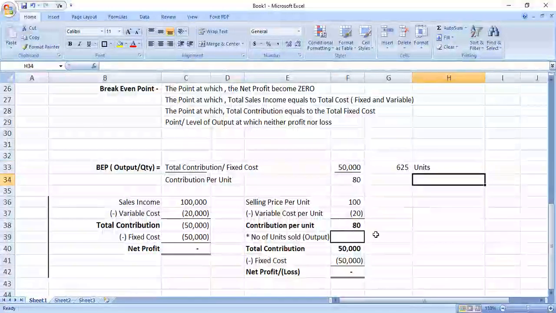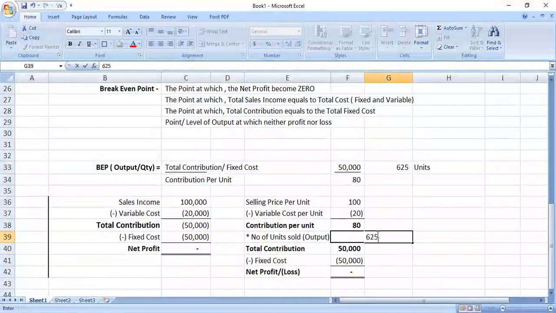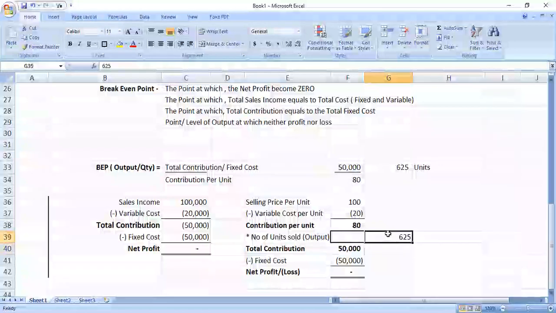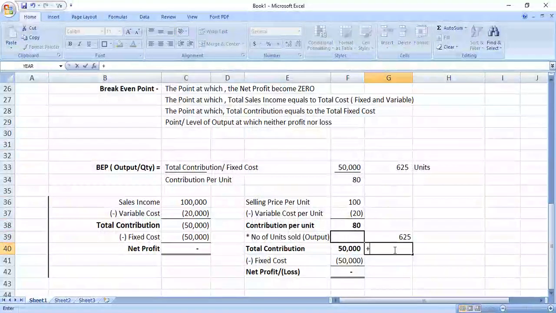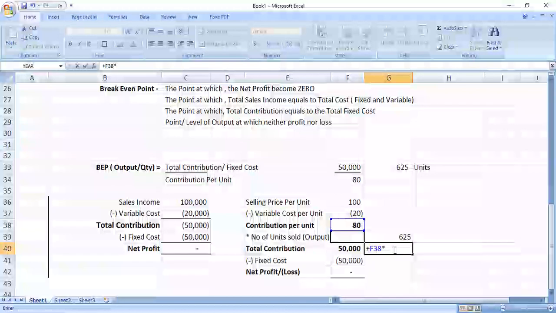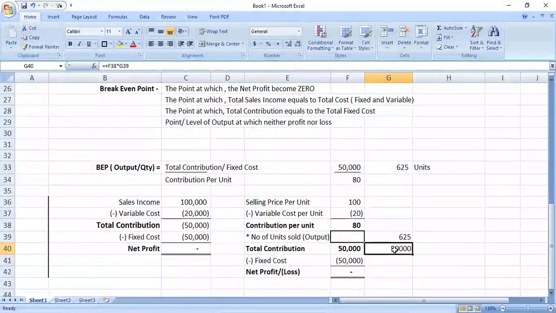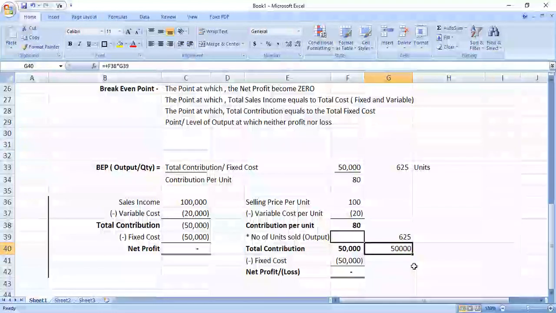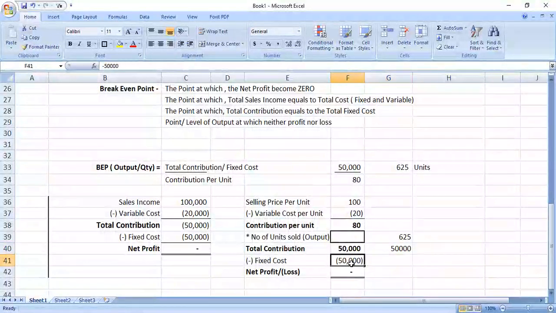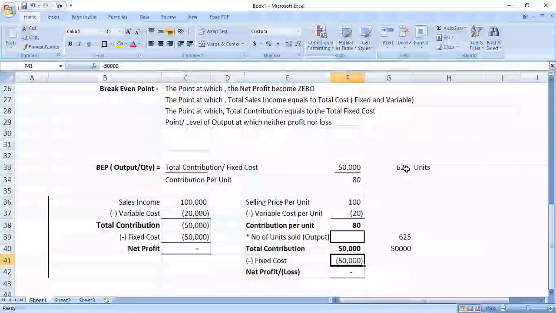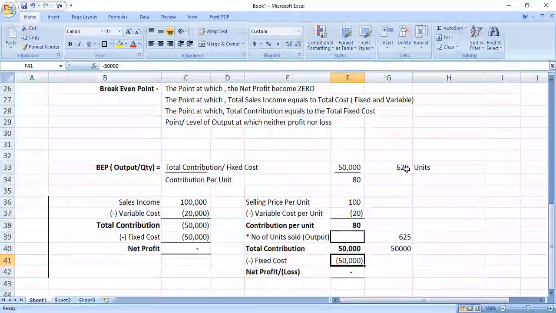If I put 625 as the output, 80 per unit contribution into 625 output, I exactly get 50,000. And my fixed cost doesn't change, whether it is 1000 or 625, it's the same.